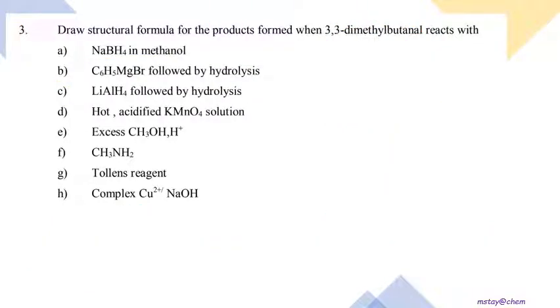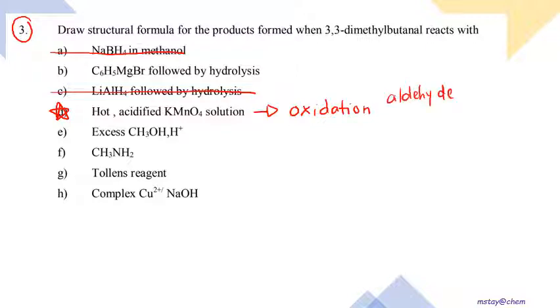Okay, still continuing with tutorial question number 3. After we identify the reducing agent and the aldehyde undergoing reduction, next we can see hot acidified KMnO4. We know this reagent refers to oxidation. Do keep in mind that aldehyde can undergo oxidation.